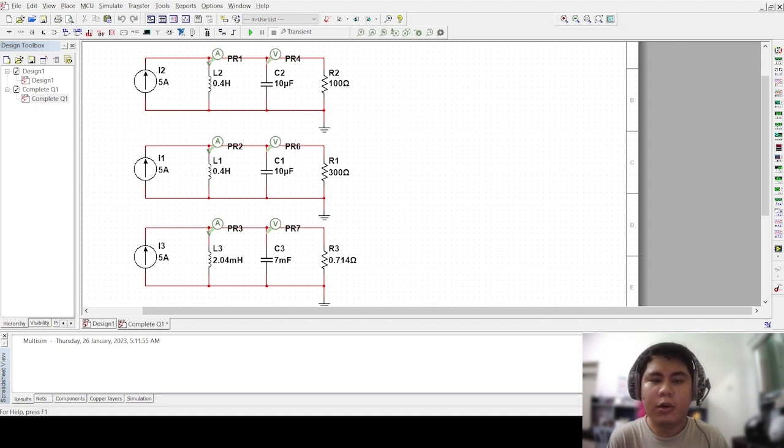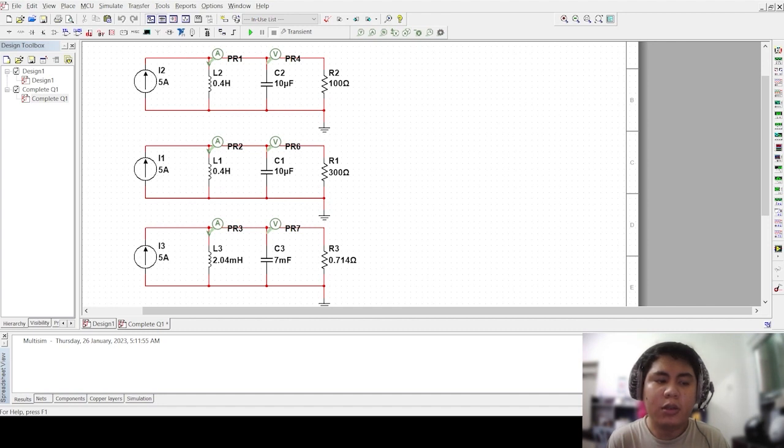For our underdamped circuit, we choose R as 0.714 ohms, L as 2.04 henry, and C as 7 millifarad. For the critically damped circuit, our R is 100 ohm, L is 0.4 henry, and capacitor is 10 microfarad.